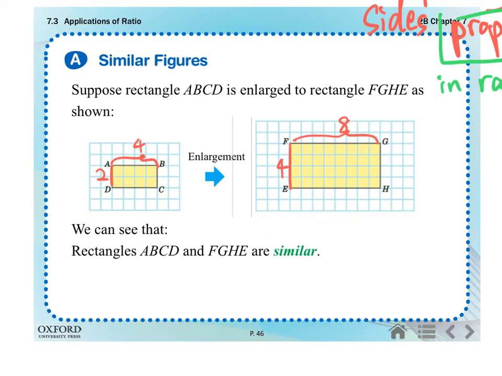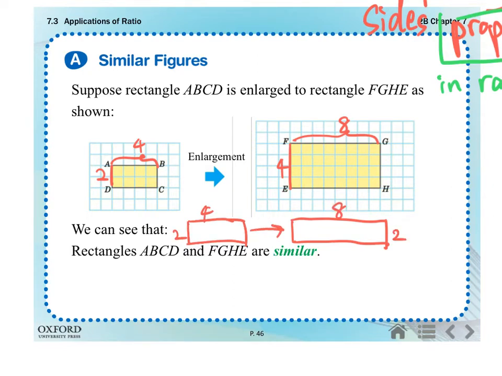And remember one thing. All the sides must be in the same ratio. If I draw a diagram like this one, maybe some of you ask whether this one is similar. Maybe I use this one: 2, 4 maybe becomes 2, 8.